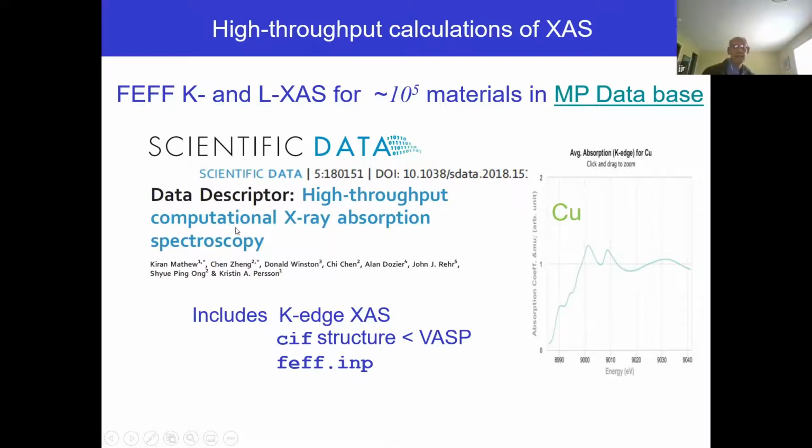So this is an excellent starting point for any calculations that you have for all kinds of materials. This is an example of the copper spectrum, which a lot of you recognize. And I have a link in my talk to the Materials Project database.